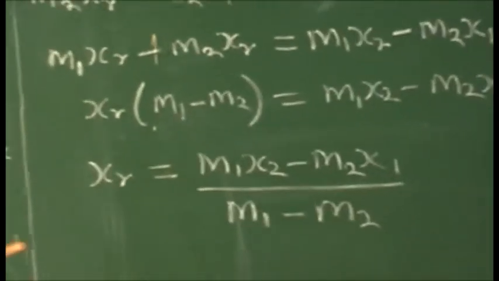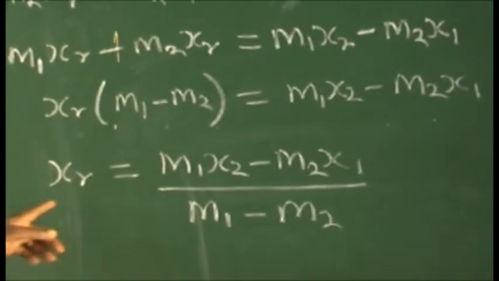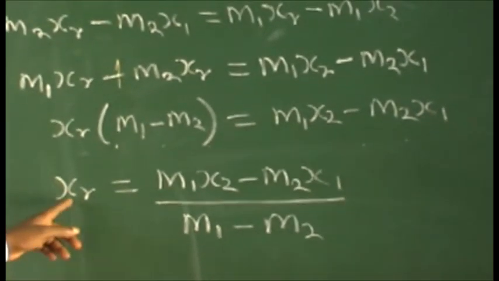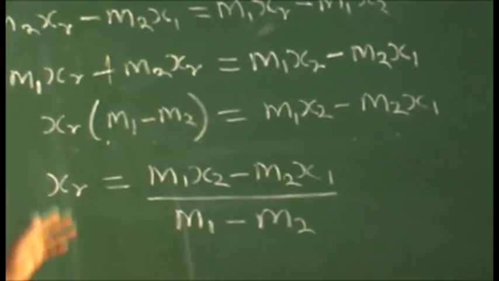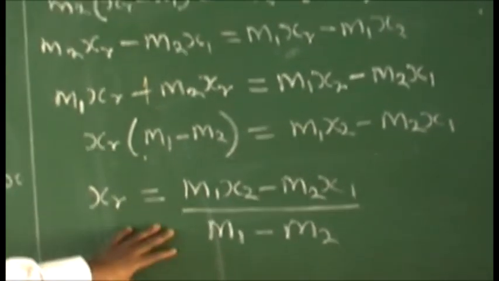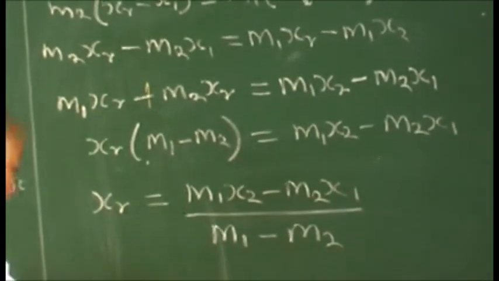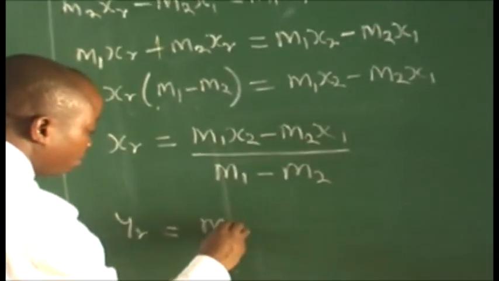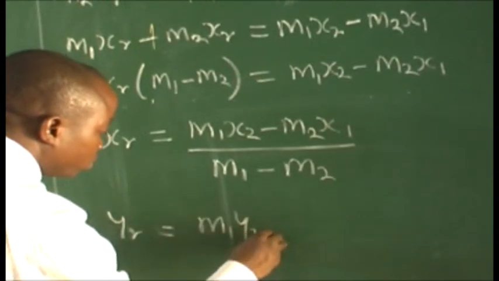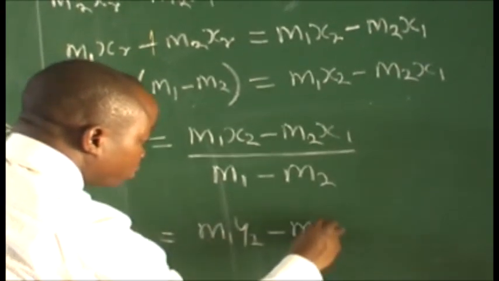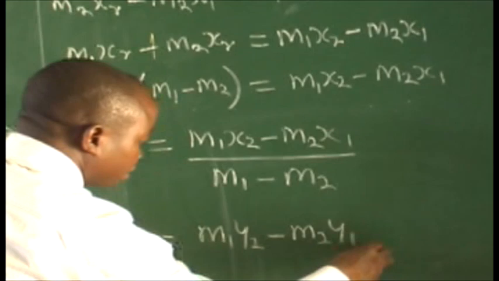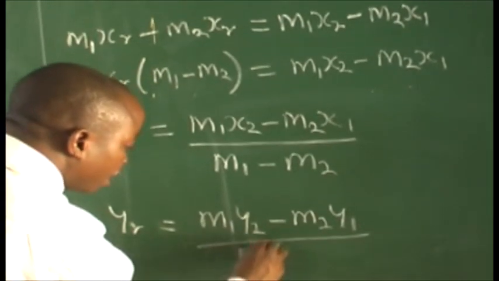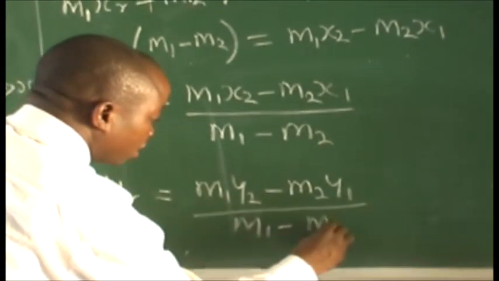Now, this is the coordinate of R, that is for the x coordinate we have this. Similarly, YR will be M1 Y2 minus M2 Y1 all over M1 minus M2.